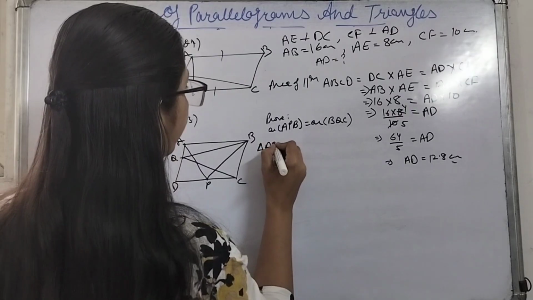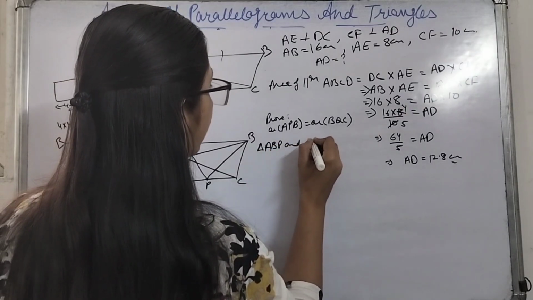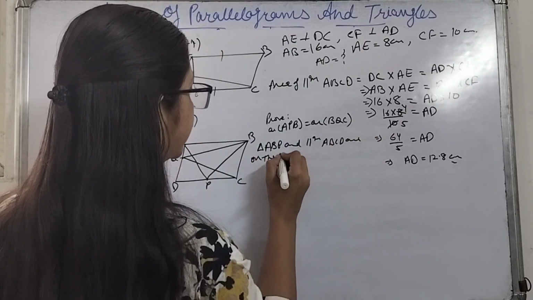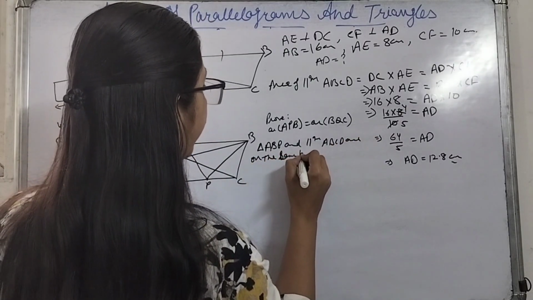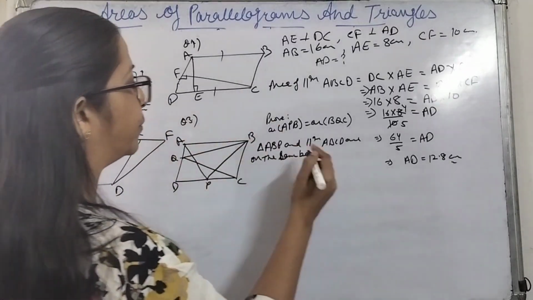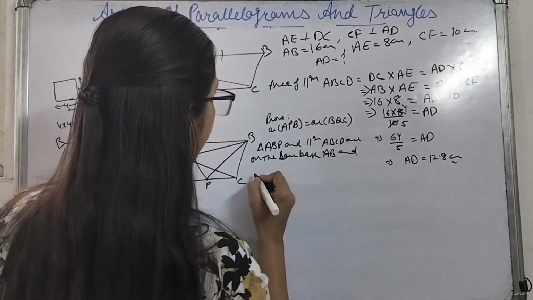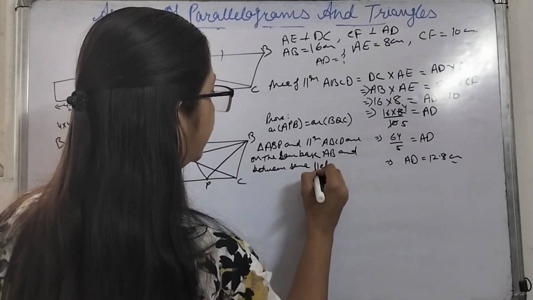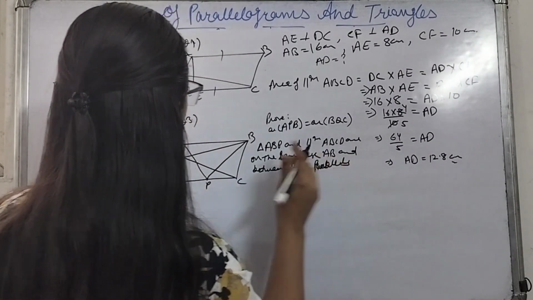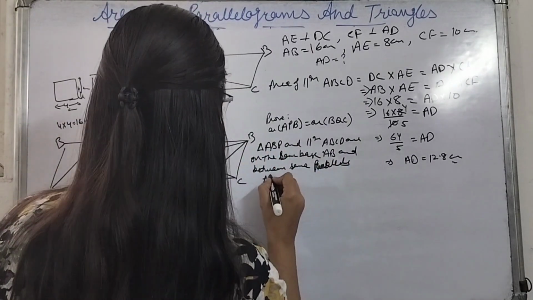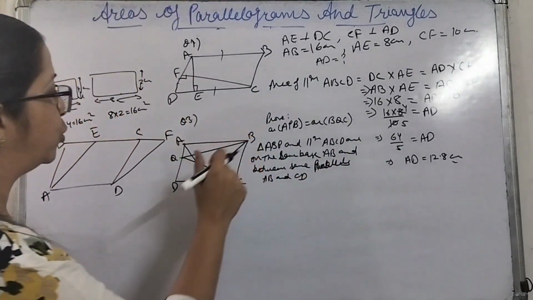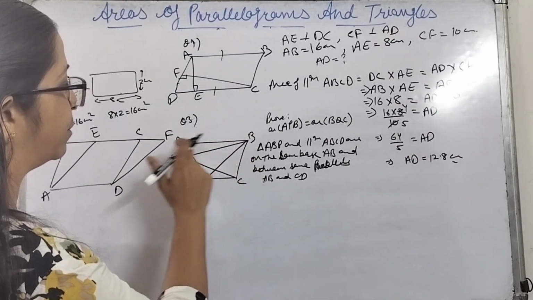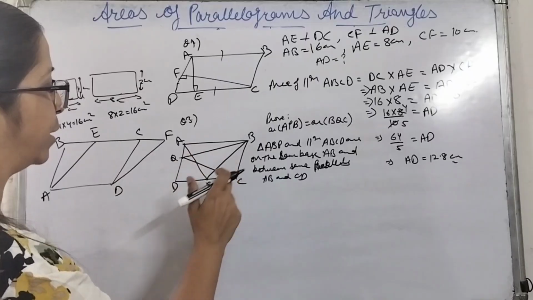Now, if we are going to consider the triangle ABP, triangle ABP and parallelogram ABCD are on the same base, that is your AB, and between the same parallels AB and CD.